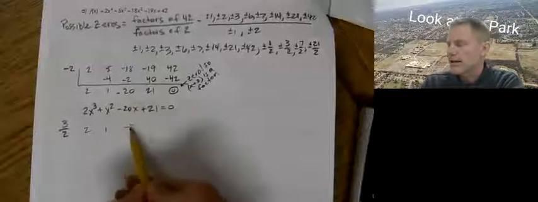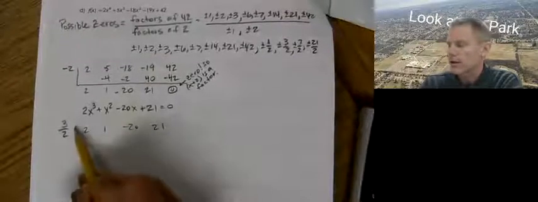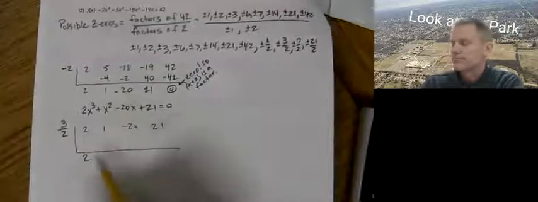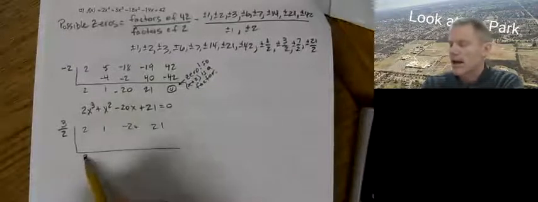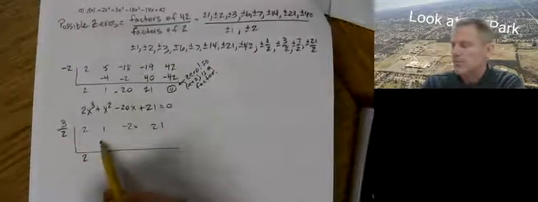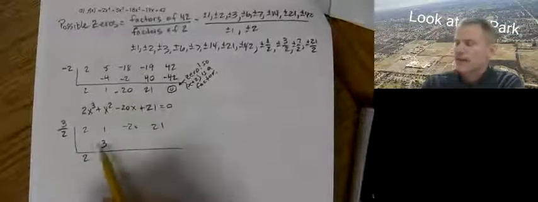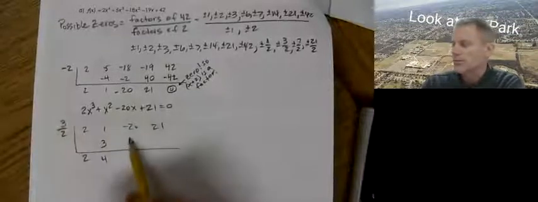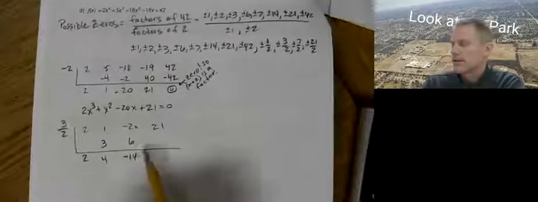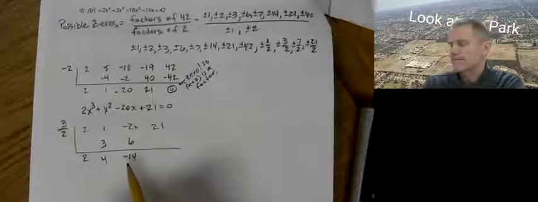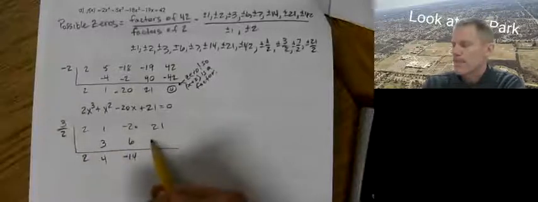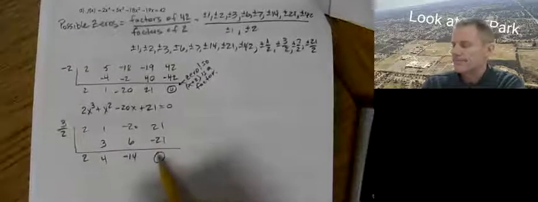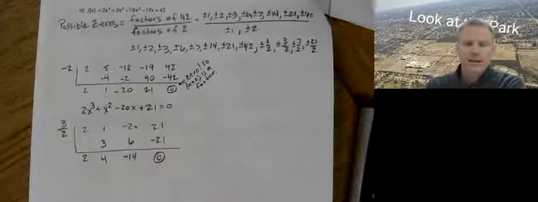2, 1, negative 20, 21. Bring it down, multiply. That is 6 divided by 2. That's 12 divided by 2. That's 42 divided by 2. Hey, look at that. Worked out perfect.